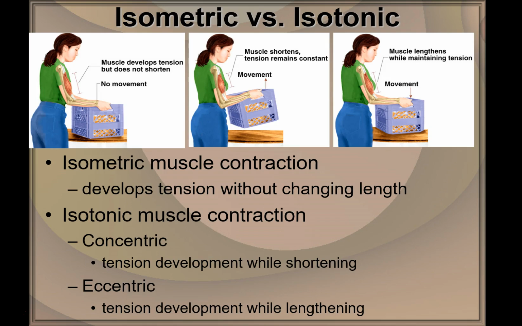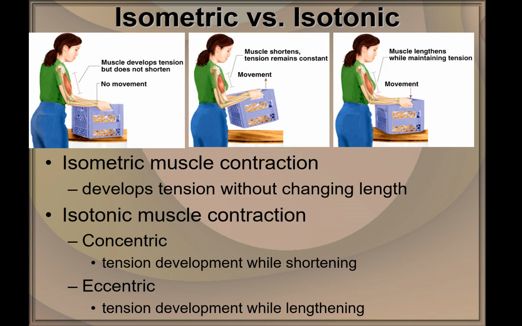So you're bench pressing. The concentric portion is you're pushing the weight up. Your triceps and pectoralis are contracting and shortening and pushing the weight up. As you're bringing the weight down, the muscle's still contracting because you're lowering it nice and controlled, but the muscle's being stretched or lengthened.